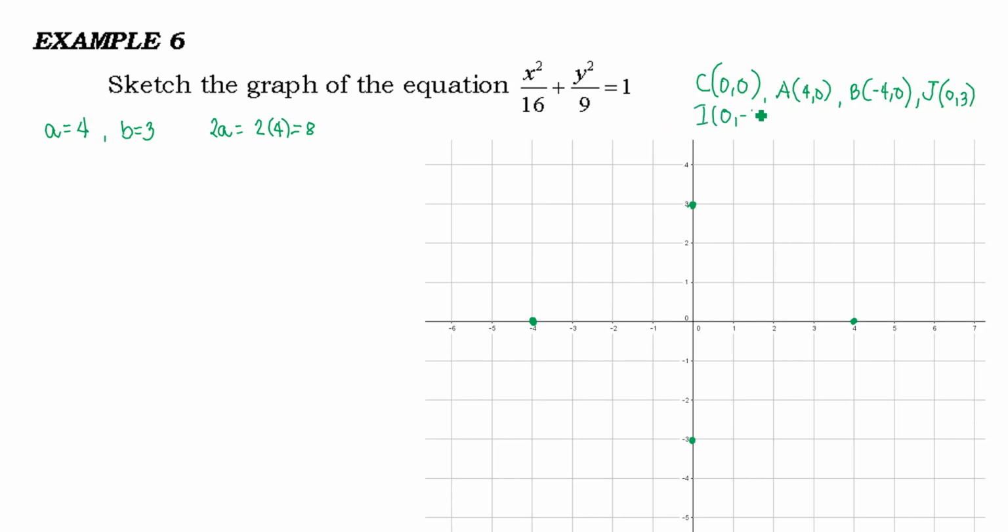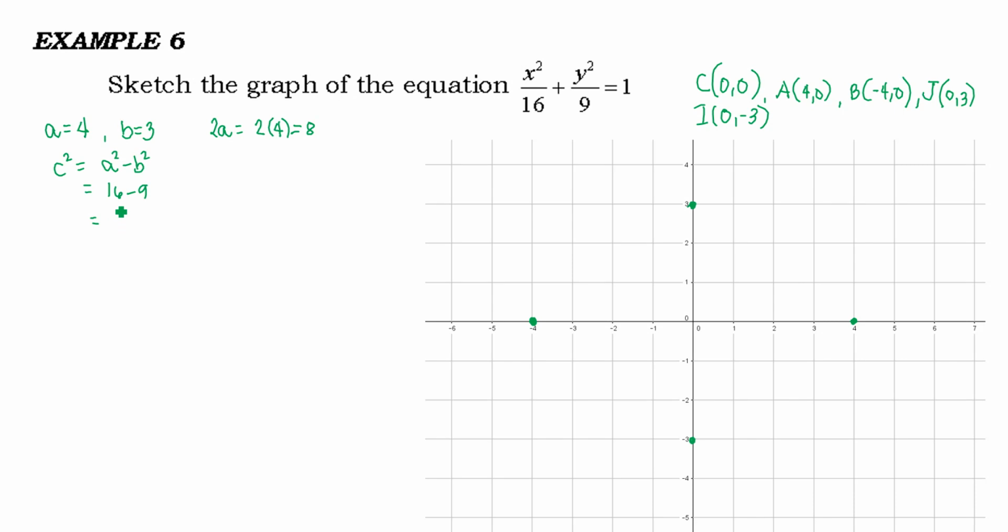So, we can now compute our foci. Okay, for the focus, si focus natin would be c squared equals a squared minus b squared, which is equal to, substitute, 16 minus 9 equals 7.